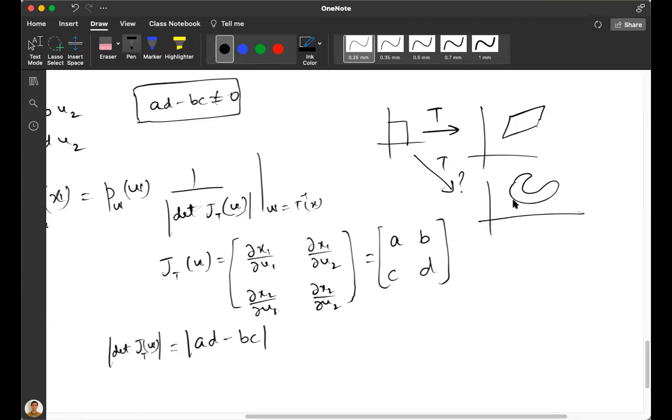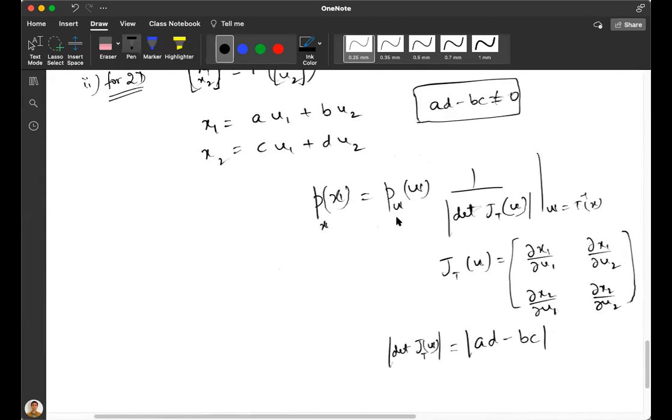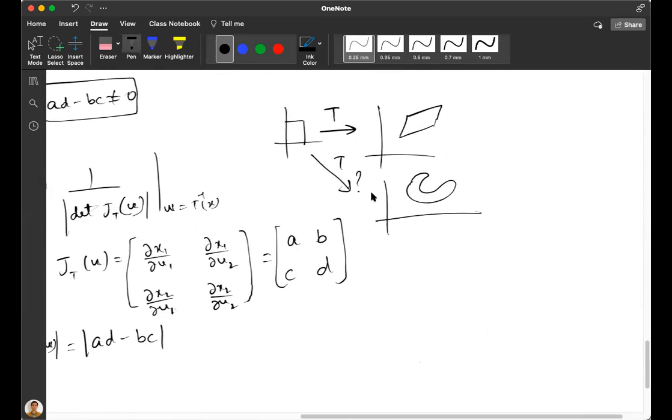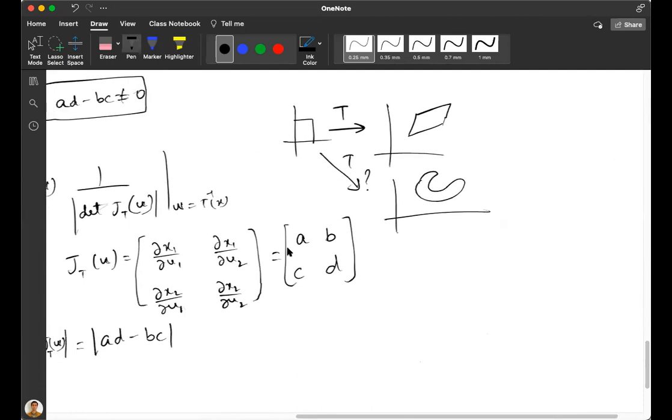A very non-linear kind of transformation. Is it possible? Not using linear transformations. So our T has to be some non-linear form, but it should be invertible.